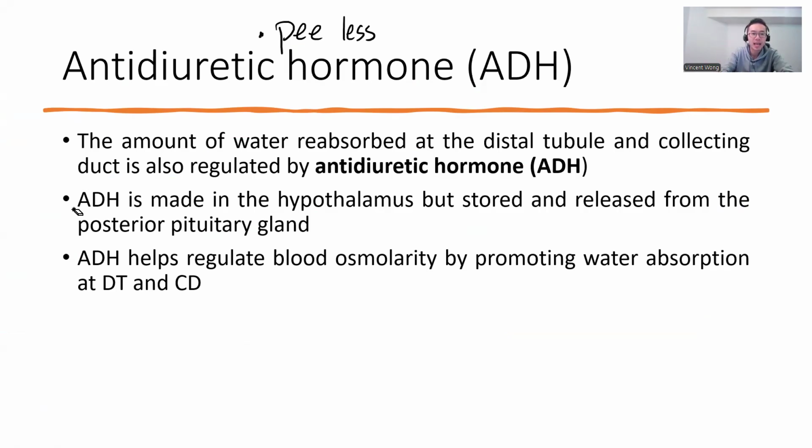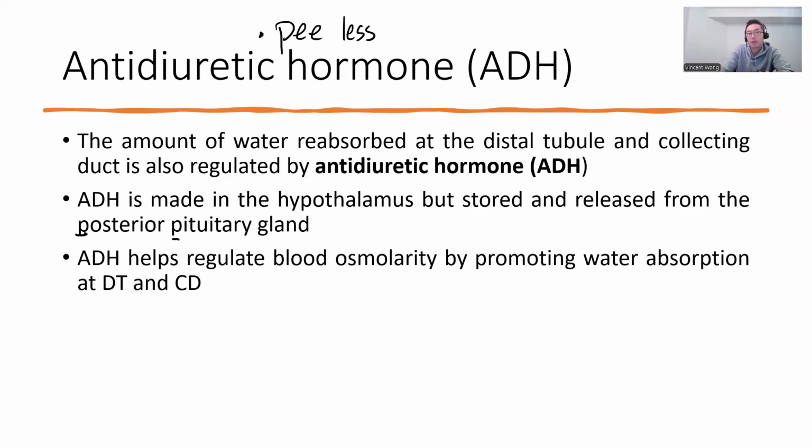The ADH, the anti-peeing hormone, is stored in the posterior pituitary gland, the PP. You remember the PP is where you store the anti-PP hormone. That's how I remember it, okay? As opposed to the AP, which is the anterior pituitary. That has a bunch of other hormones that we'll learn later, okay? So it's made in the hypothalamus, it's stored in the posterior pituitary, and it's released from there.